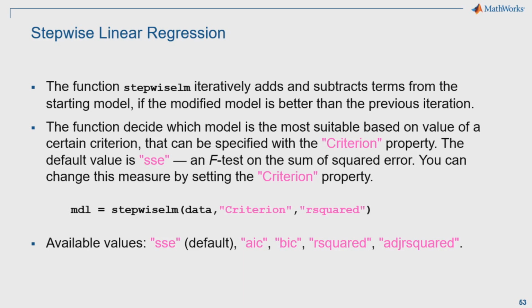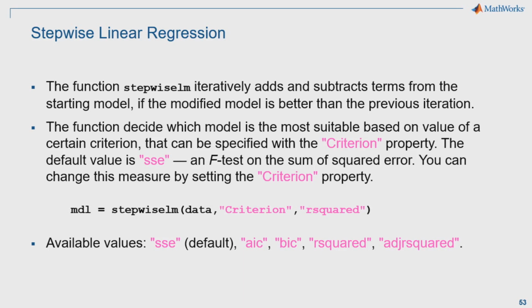So the function iteratively adds and subtracts terms, then builds the new model. It evaluates the performance of this model based on a criterion, which could be SSE, sum of squared errors, could be the Akaike criterion, could be the Bayesian information criterion, could be based on the coefficient of determination.